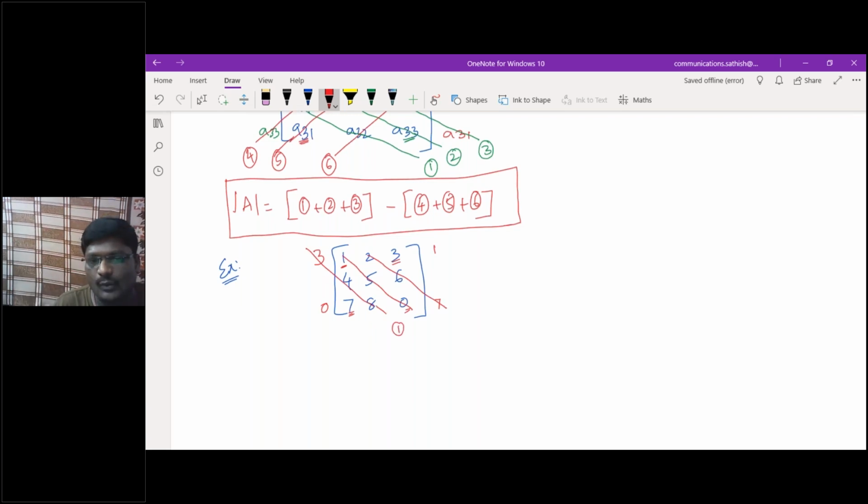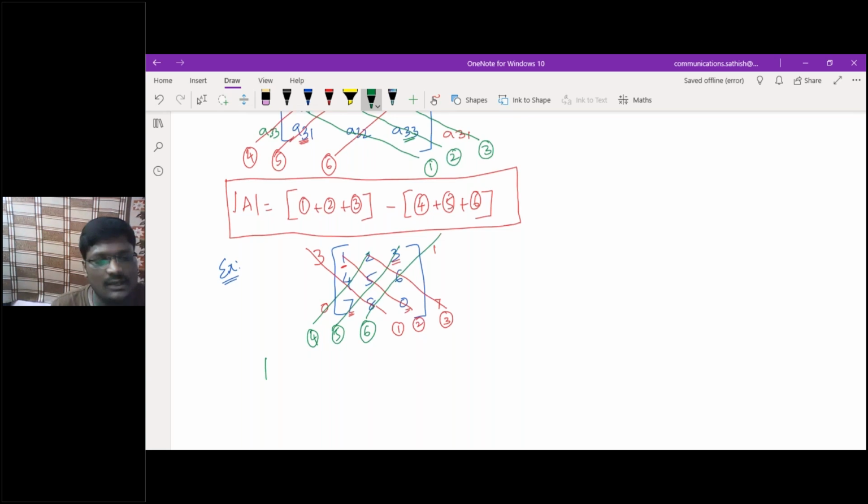So this is 1, 2, and 3 I'm taking here. Similarly on the opposite side, which is 4, 5, and 6 I am taking here.